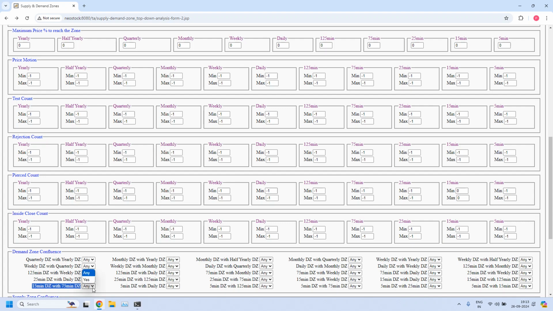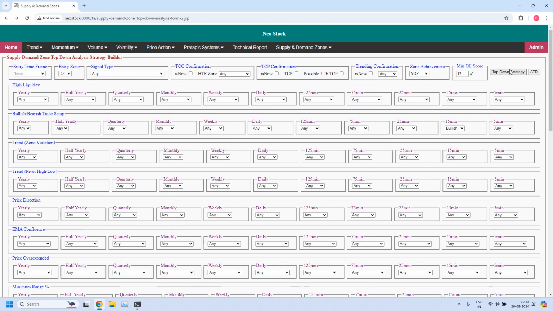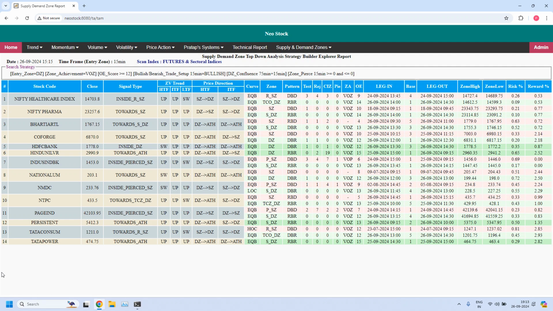The 15 minute demand zone with 75 minute demand zone confluence filter is enabled. Let's verify. So out of those 21, 14 stocks are having ITF confluence. And in all these 14 stocks, the 15 minute zones are part of the 75 minute zone, and the 75 minute trend is an uptrend.